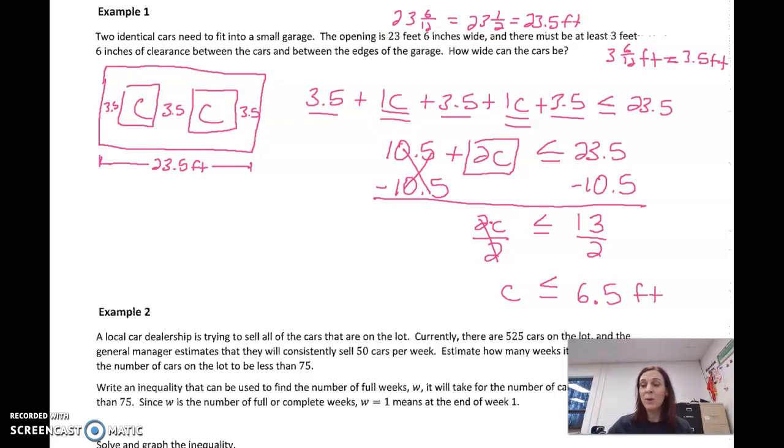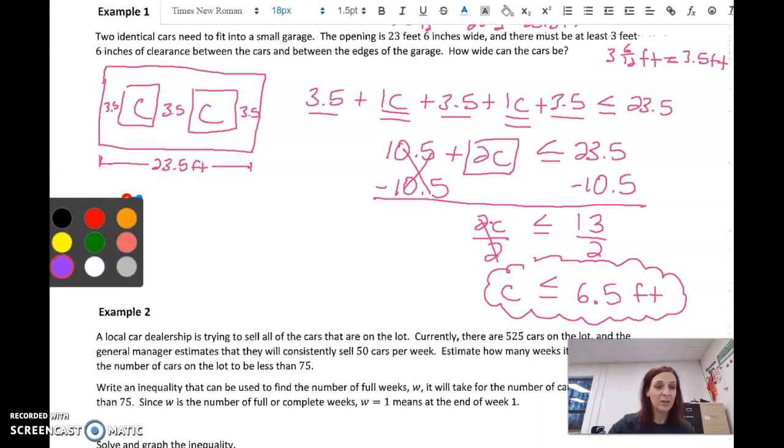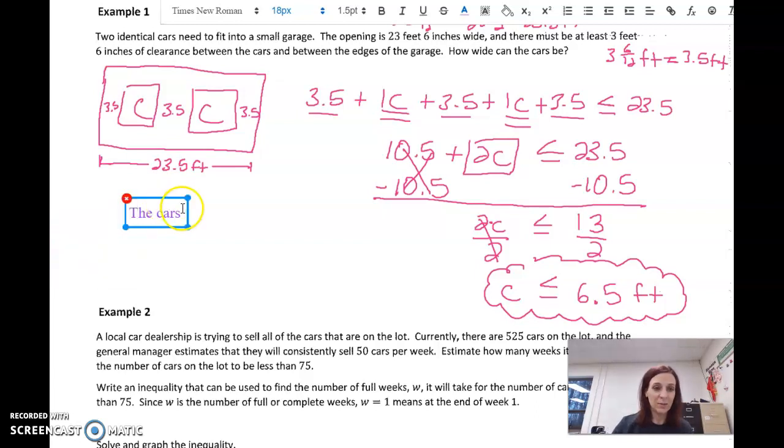Notice here too that I don't just write 6.5, because the answers are less than or equal to 6.5. We've been working on interpreting our answer too.